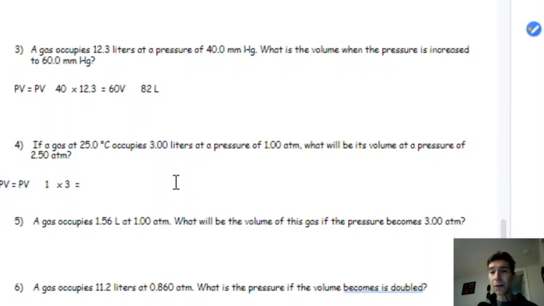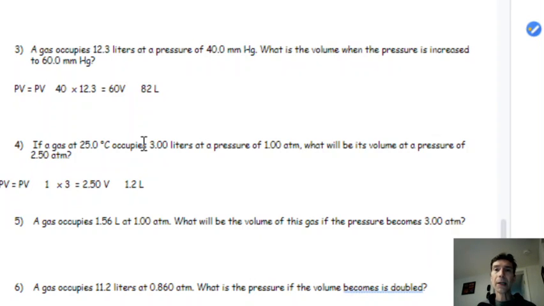So in this case, our second P is 2.5 because it's got atmospheres there. And we're solving for that V. And again, 1 times 3 is 3, and divided by 2.5, you get 1.2 liters. That's your answer.